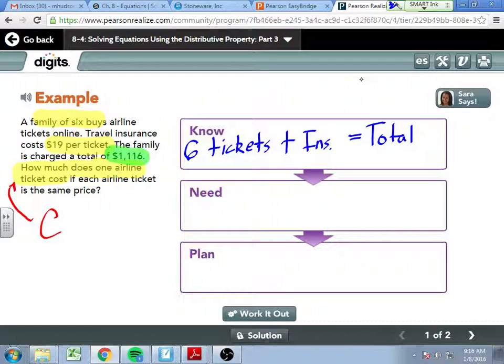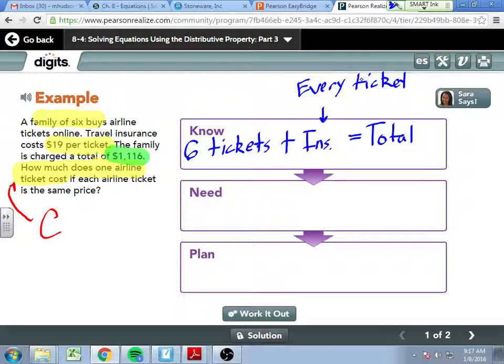Now this insurance happens on every ticket. So when we go set that up in an equation, this is just like the bagel baker yesterday when he was adding 5 cents to the price of every bagel. Who can tell me how to write this to show that every ticket is having $19 added to it? And if you need to flip back to the front of your paper and look at our bagel problem.